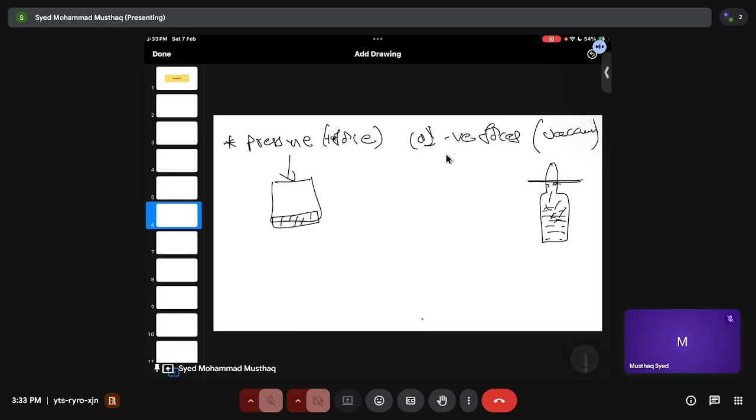So what we do is we first take out the solution, then we pass it through a filter. This can be a 0.2 micron filter, so 200 nanometers. The hole is 200 nanometers.